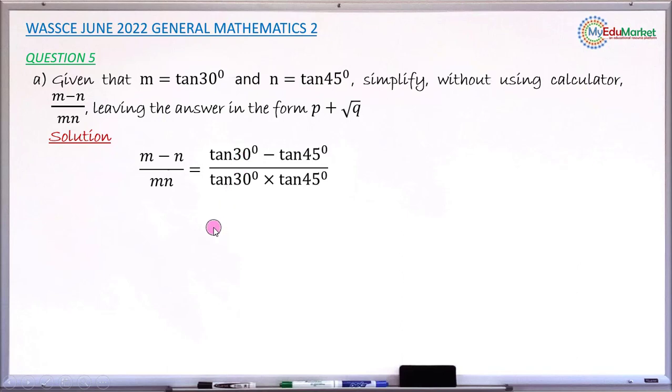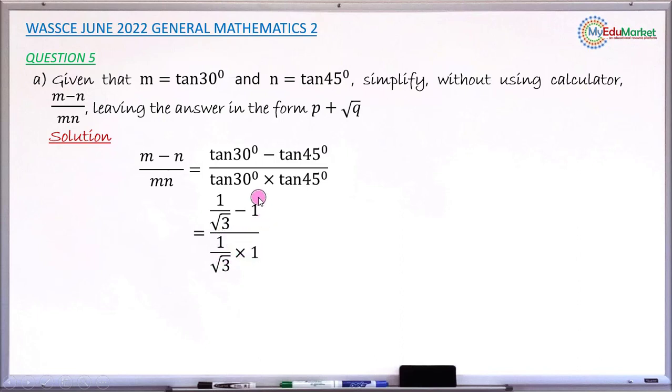You now have 1 over root 3 minus 1, all over 1 over root 3 multiplied by 1. Your work is now reduced to simplifying this fraction. 1 over root 3 multiplied by 1 gives you 1 over root 3.